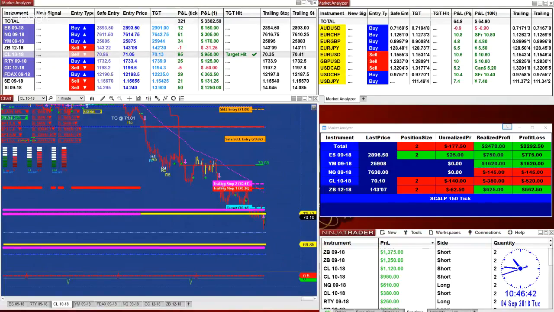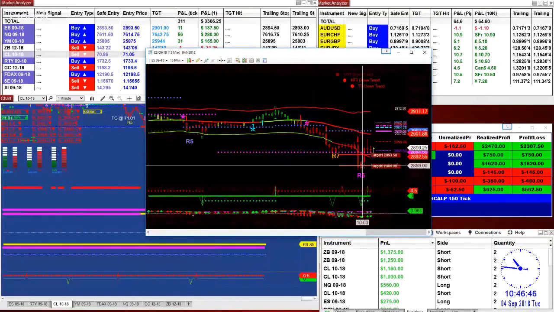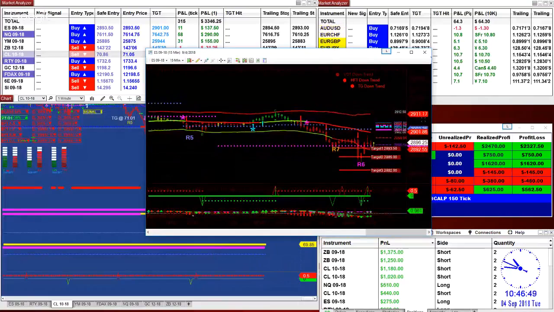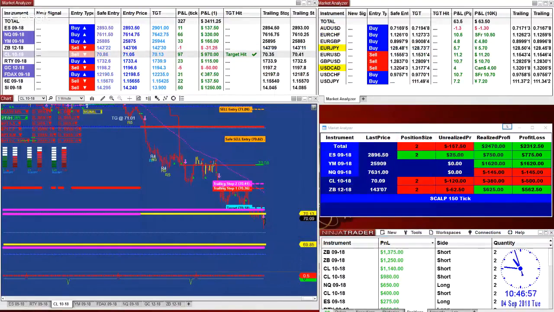For the guys looking at those institutional numbers, look at this. We already hit target 1 and target 2, and those were supposed to happen before 12 o'clock on the 15 minutes. Most of the institutionals use the 15 minutes.